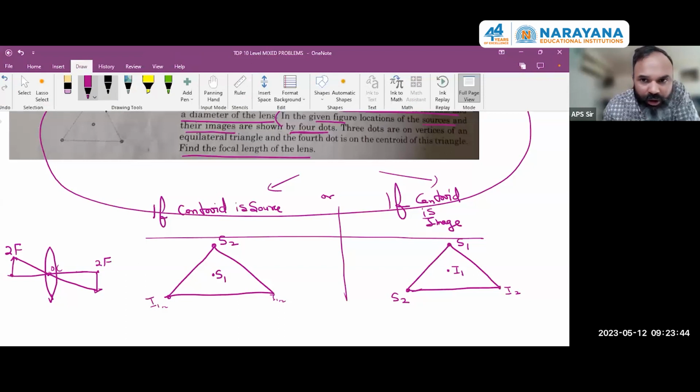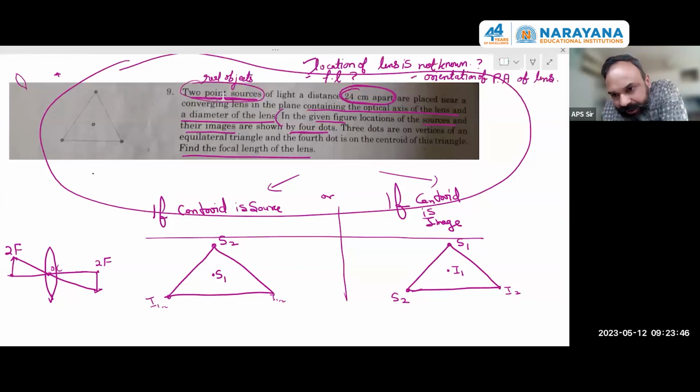Let me explain: if I take S1 here and I1 here, I may say that for these two points, this will be the line on which the lens will lie for S1, I1, and this will also be the line where the lens will lie. So this is the location of the lens if this is the possibility.